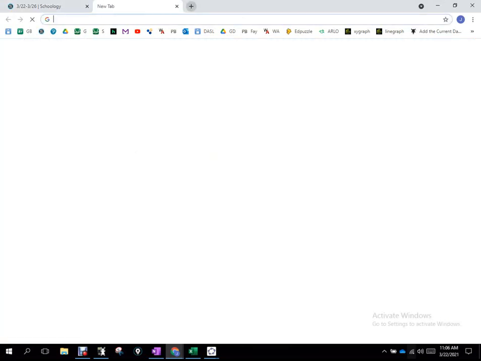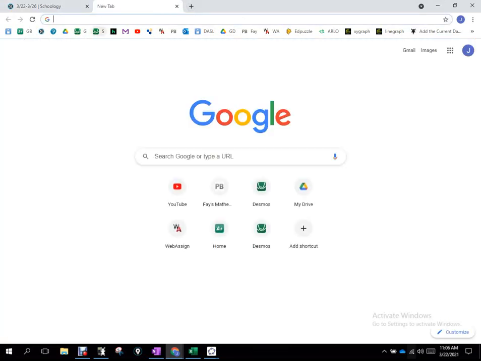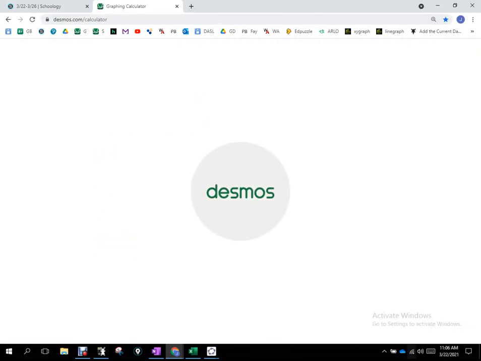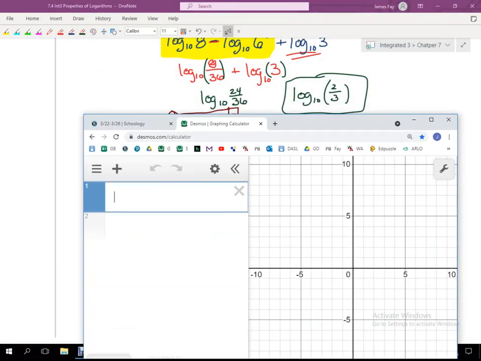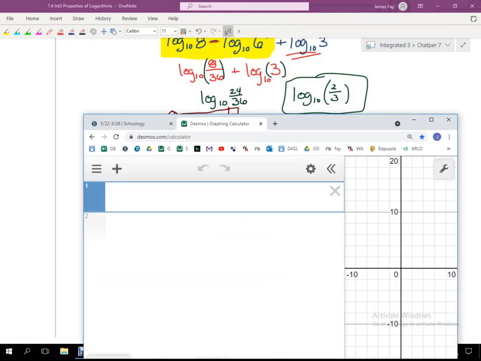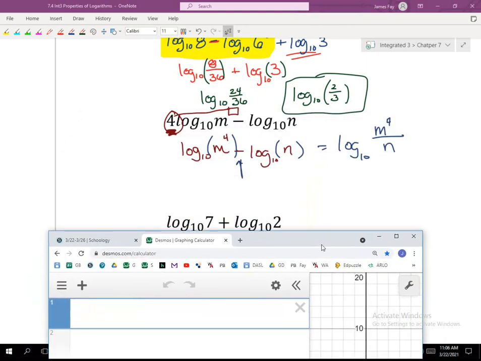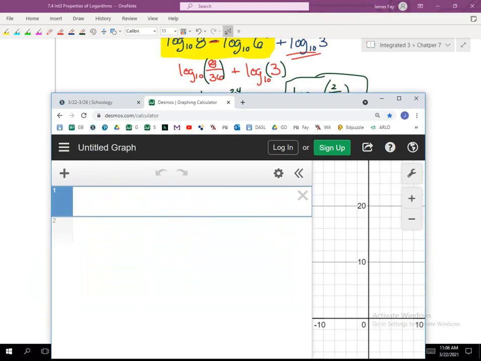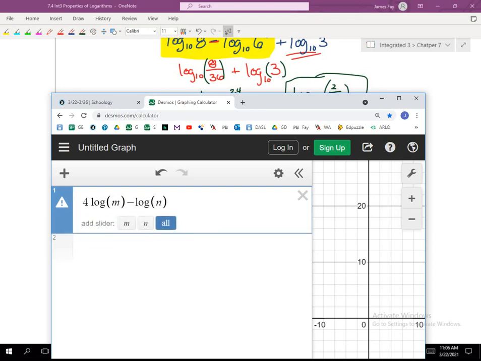I'm going to go to Desmos. Okay, so we're in Desmos. We're going to type in what we started with, so I'm going to type in 4 log of m minus log of n. Now, it doesn't know what to do because it doesn't know what m and n are yet.